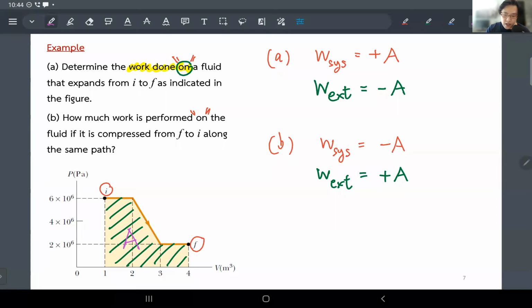So a colleague is asking about taking just the A, because we know this A is going to be the absolute value of the work done between I and F. Everyone with me, right? So we know A is the area under the curve, which can be calculated. That's no big deal. But the crucial point of this one is that the sign of the work is the most important aspect that we are trying to focus on right now.